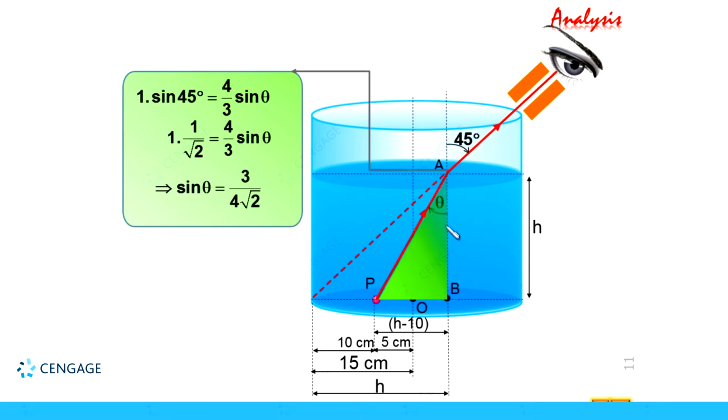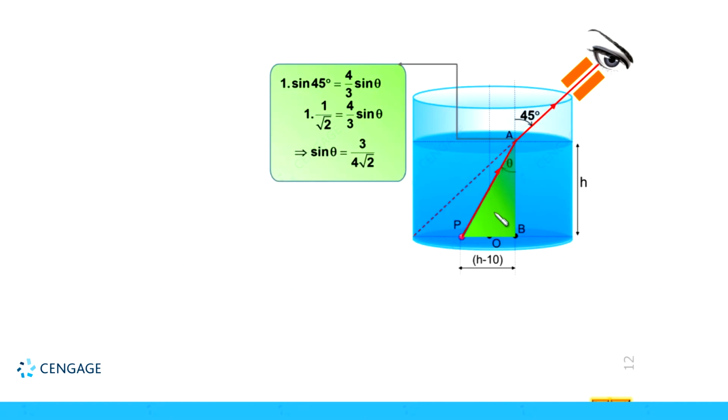Now we can use simple trigonometry to get the value of theta. Now let us place this diagram again. You can write the simple trigonometry term, that is tan theta equal to PB divided by AB. And we know the value of sine theta. From this sine theta value, we can get the value of tan theta.